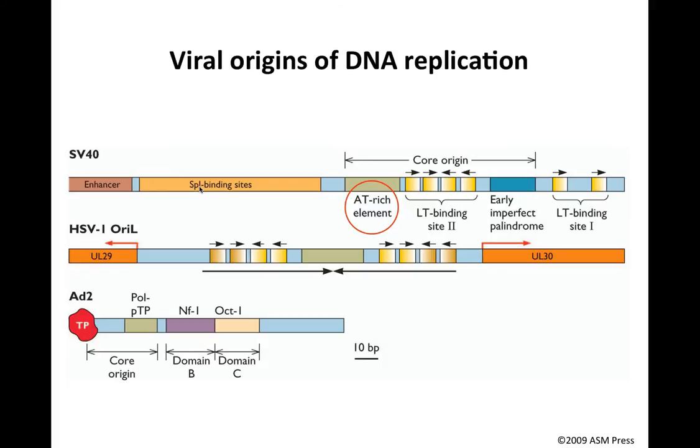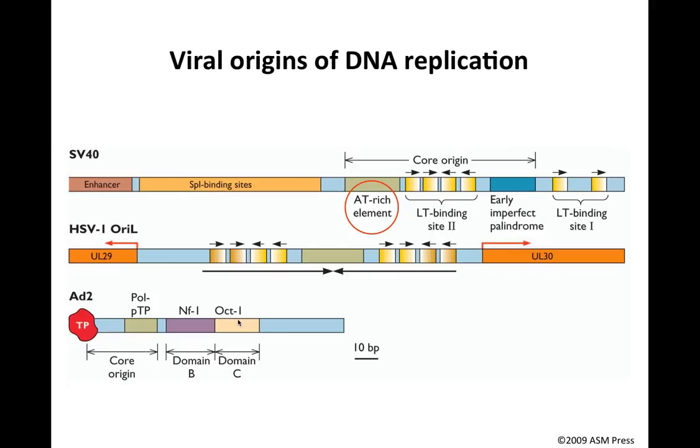And we haven't covered transcription yet in this course. We'll be talking about that next. Transcription, of course, is the process of making RNA from a DNA template. It involves an RNA polymerase as well as transcription proteins that participate in the process. And these proteins bind at these sites called SP1 binding sites, for example, NF1 binding sites, OCT1 binding sites.